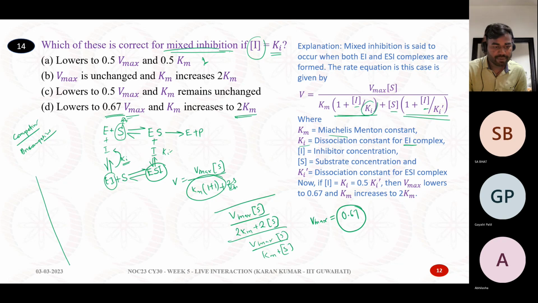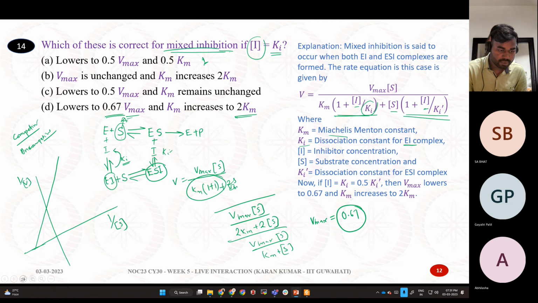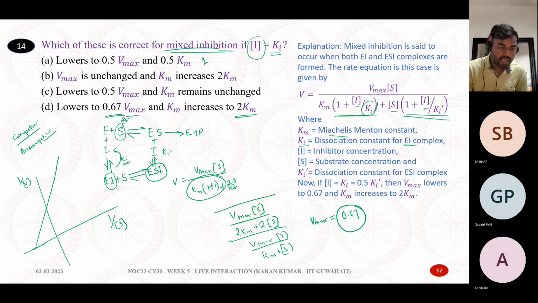Okay, so what you will see in this plot for mixed inhibition: this is the normal complex, 1 by V versus 1 by S. Take another color. And for the inhibition case, if this is Km, then you are getting 2 Km.